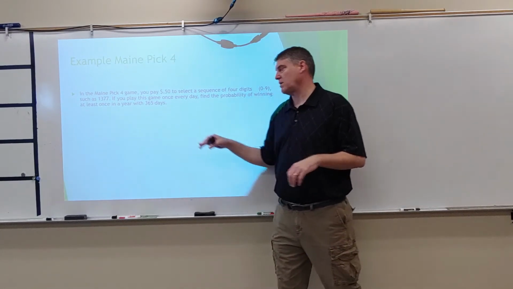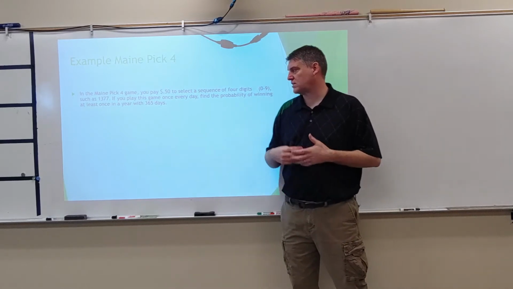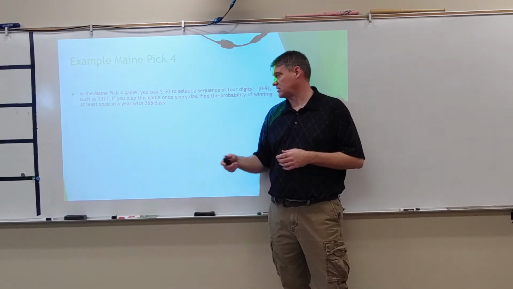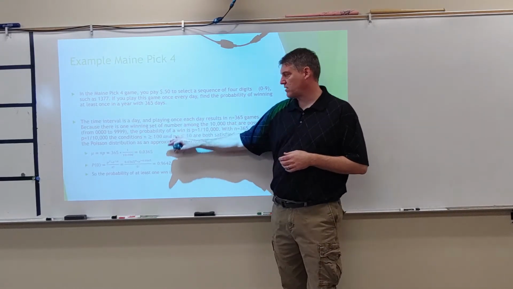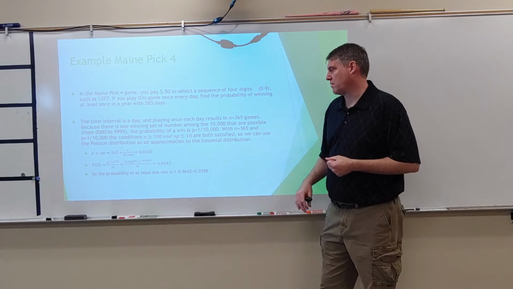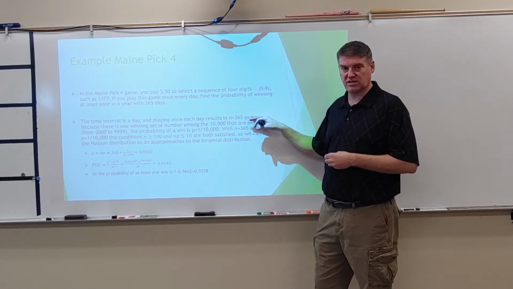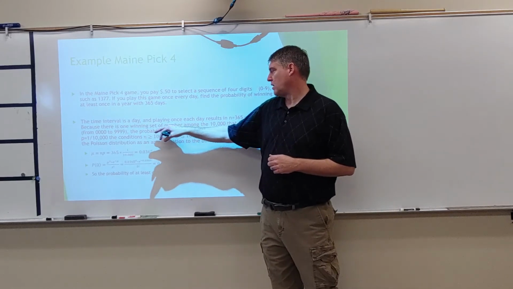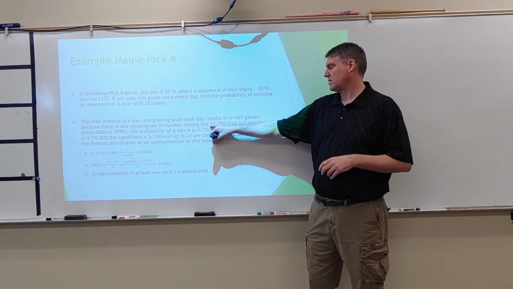So you can pick any 4-digit combination. If you play this game once every day, find the probability of winning at least once in a year. With 365 days, the time interval is a day, and playing once per day results in n equals 365. So this is greater than 100. There is also one winning set of numbers among the 10,000.